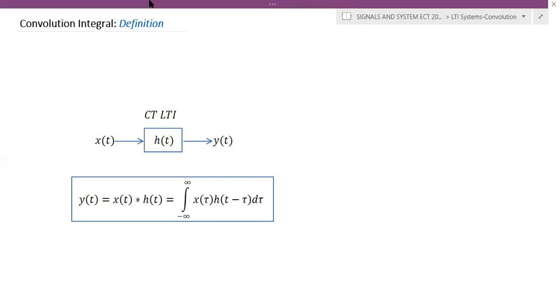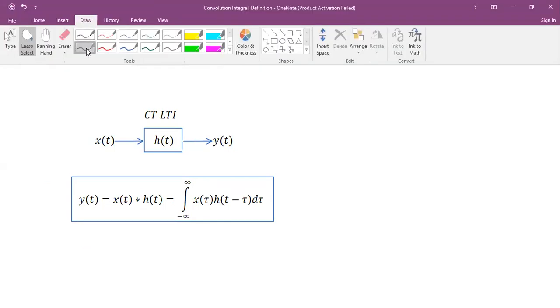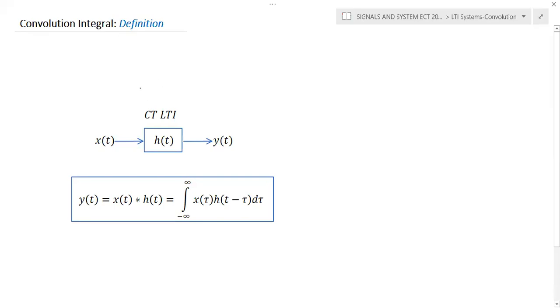So in the case of the convolution integral, the convolution integral equation is basically designed for a continuous time system, that is CT, and the convolution integral equation is only for LTI systems, linear time invariant systems.